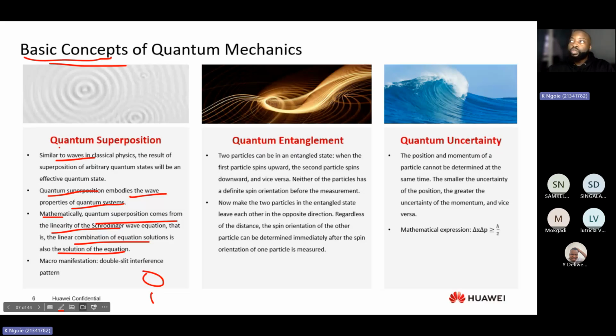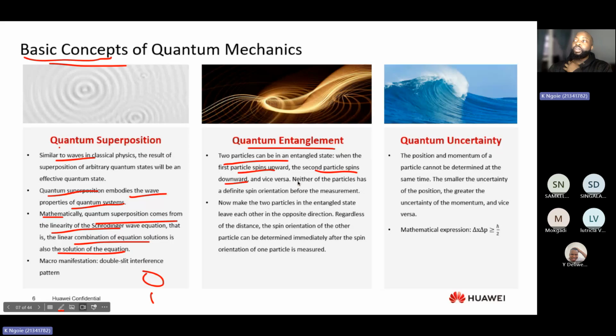So when we talk about quantum entanglement, what does it mean? It means that we can take two particles and entangle them, so we put them in an entangled state. If we create a certain motion, for example spinning, when the first particle spins upwards, the second particle spins downward.